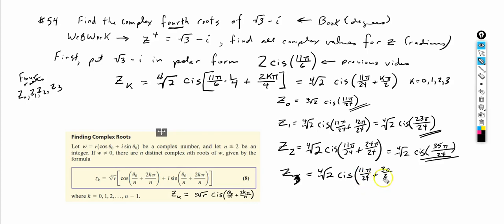Now if I'm going to add these together, this needs to have 24 in the denominator, so I'm going to need to multiply top and bottom of that one by 12. So that's going to give me the fourth root of 2 times cis of 11 pi over 24 plus 36 pi over 24.